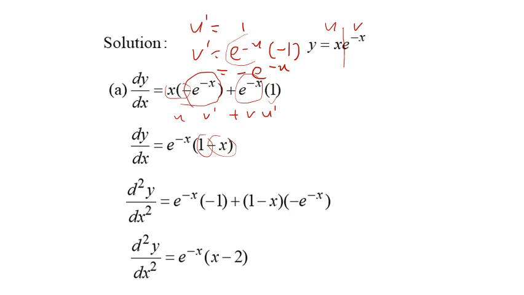Then after that we have to differentiate again to get the second derivative. So again we find u prime and v prime. Here e negative x will become u. Remember the previous one, for e negative x we got negative e negative x. And then for v prime it is negative 1. So apply u v prime plus v u prime.